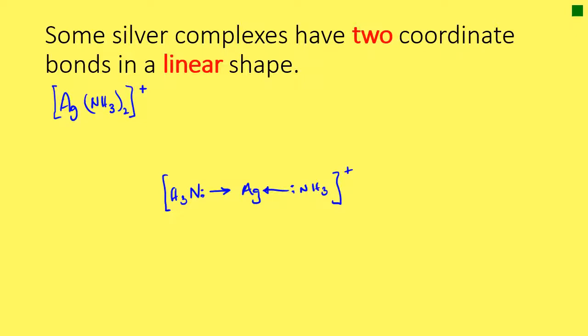And so that looks like that, and it's just in a straight line like that. So that's called a linear shape. And Tollens reagent, you might come across that, especially in biology, testing for aldehydes, and that's the formula of it, and it is a complex that makes a linear shape.